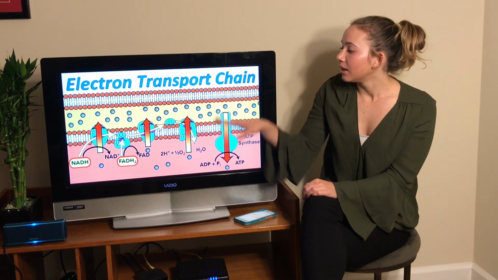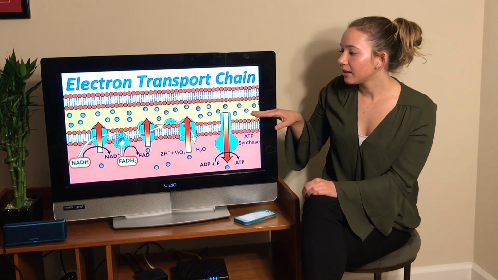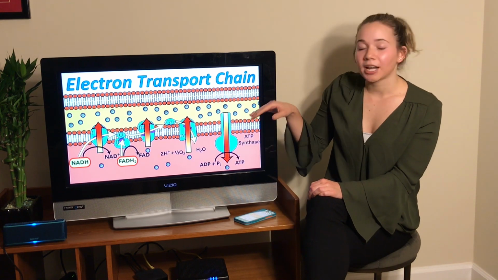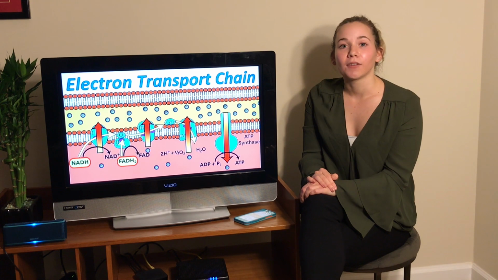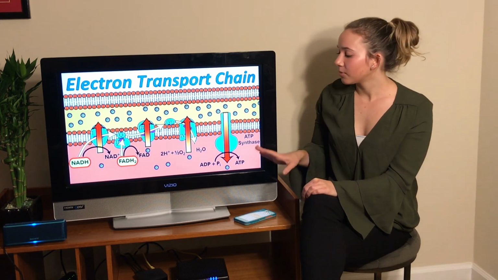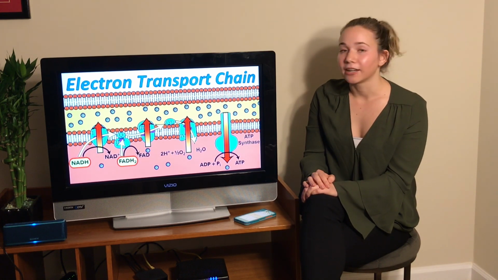You have the movement of hydrogen ions into the outer mitochondrial membrane and the transferring of electrons from carrier to carrier. Eventually those hydrogen ions are going to come back into the inner mitochondrial membrane, and then you'll get the synthesis of ATP. And ATP is then transported out of this inner mitochondrial membrane into the cytoplasm of the cell to be used for energy.